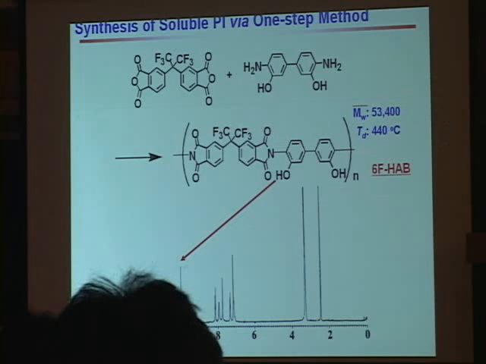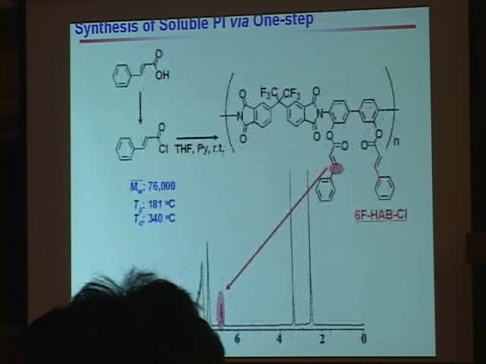thermal property. The degradation temperature is 400 degrees C. It means it has high thermal stability, and we can obtain high molecular weight. And using the 6F-HAB, I synthesized 6F-HABCI using this cinnamoyl chloride.